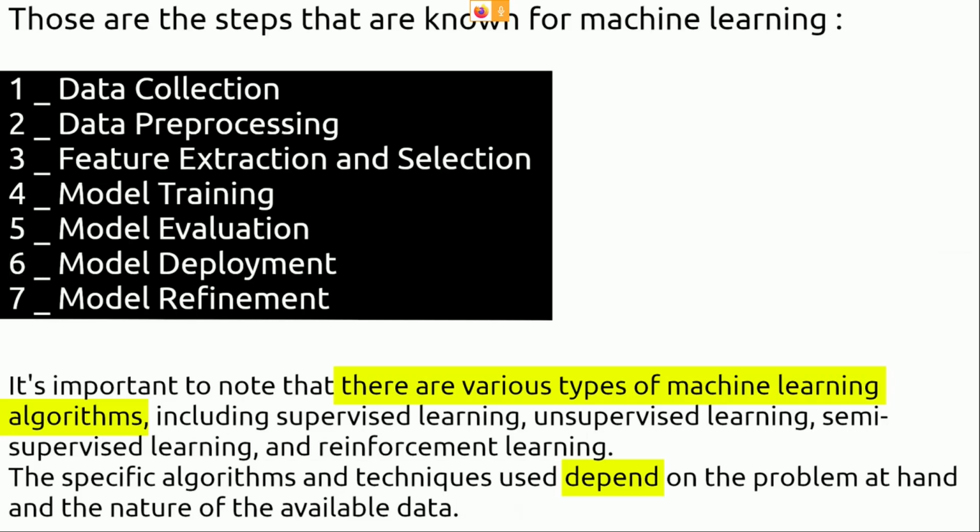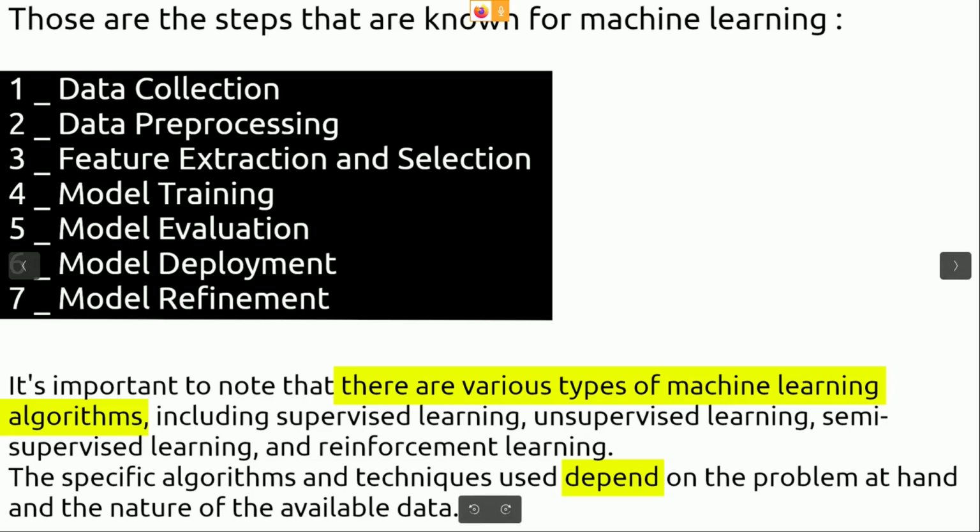So the specific algorithm and technique used depend on the problem at hand and the nature of the available data, okay? And we will discuss all those later on. But for now, it's only about how machine learning works.